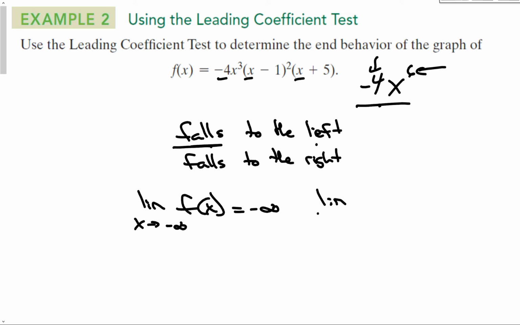The limit as x approaches positive infinity of my function is also negative infinity because it falls again as I go right. That's going right, that's going left. Because on the number line, going right is going towards positive infinity, going left is going towards negative infinity.